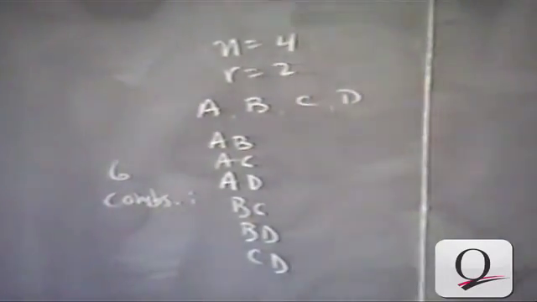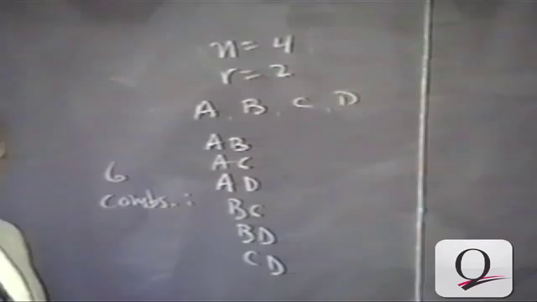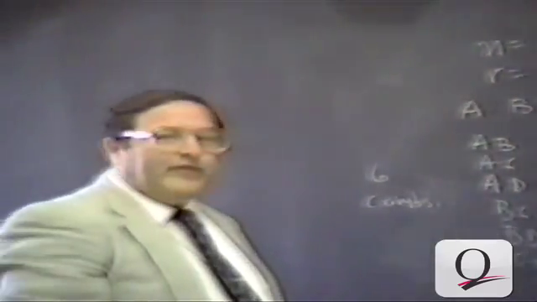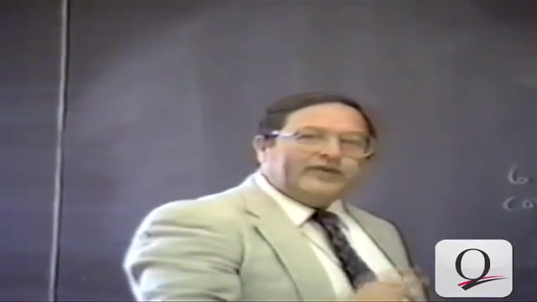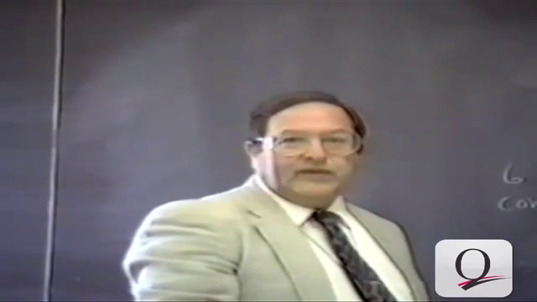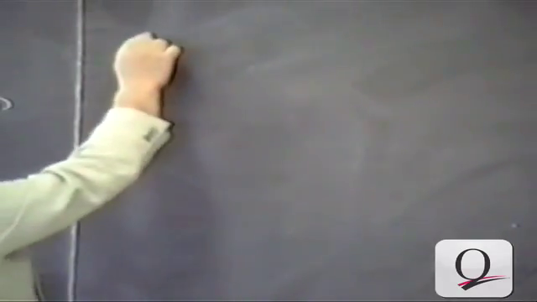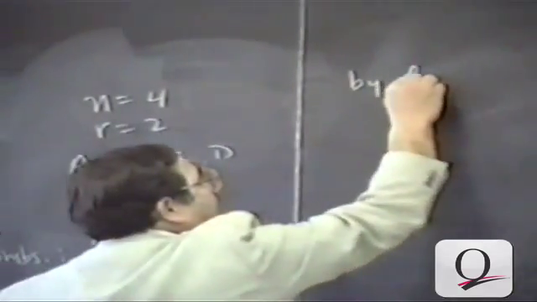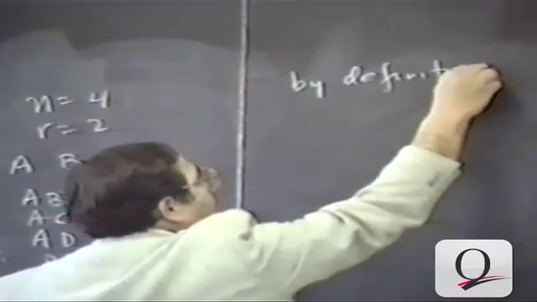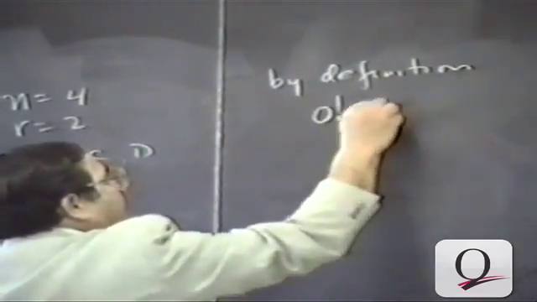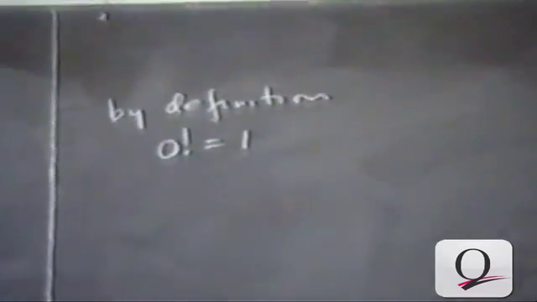Now let's get a formula for this so we don't have to write it out all the time. And again, I'll give you the formula. I'll put the formula down, and for derivation, we'll wait until the end of the lecture and we can derive it. Before writing down the formula, there's a convention that zero factorial is equal to 1.